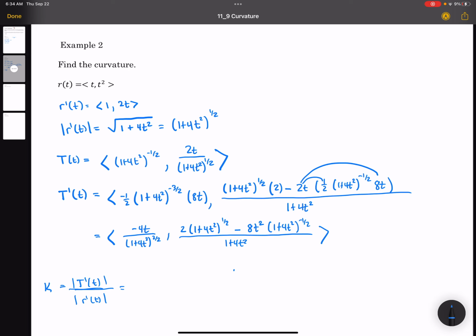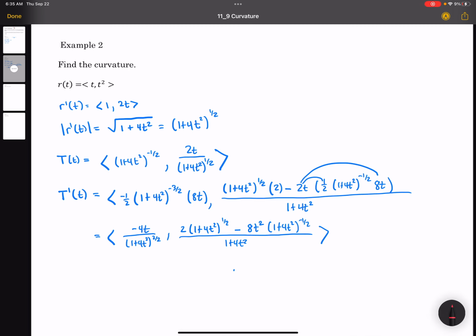So in the numerator for this first thing, actually, let's go back a moment. Let's simplify this second component a little further. So let's do some side work.